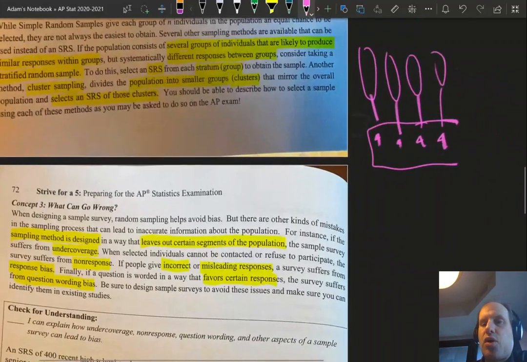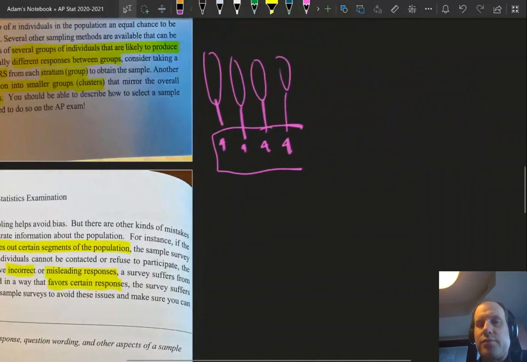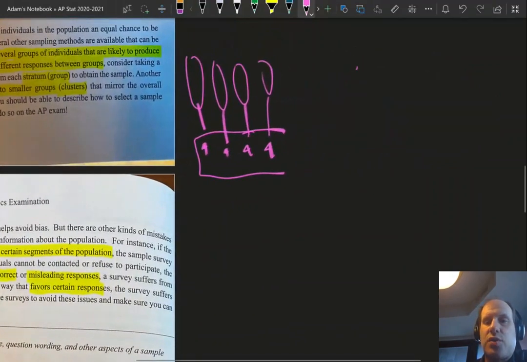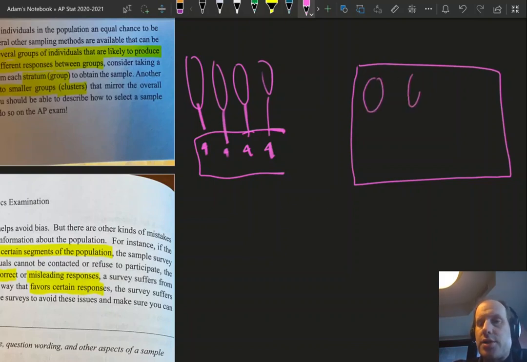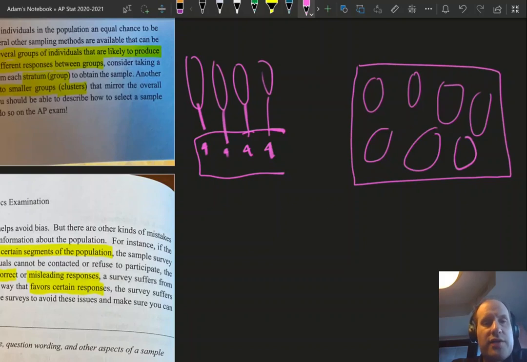Cluster sampling is more just for convenience or lack of money. So if we had the same situation, a high school right here, what we would do is first set the high school all into clusters. We have a whole bunch of clusters right here, and not by class, not by any characteristic, just by area.